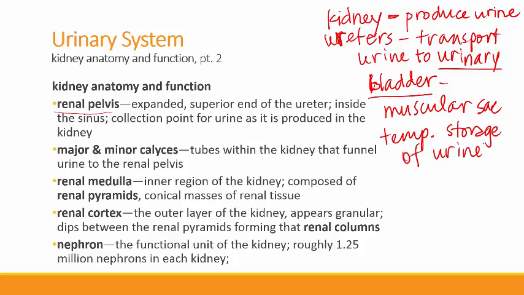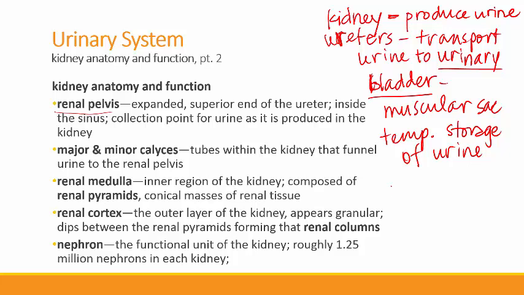And I will expect you to give me both terms, urinary bladder. So it's a two-word name, and I expect you to give me both names when we talk about it. Just calling it the bladder is not precise enough. There are other bladders in the body, and so I expect you to refer to it as the urinary bladder.